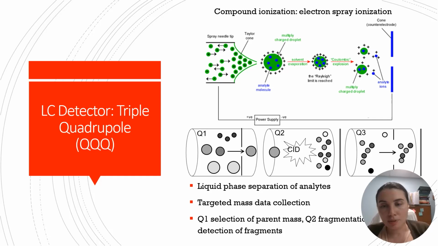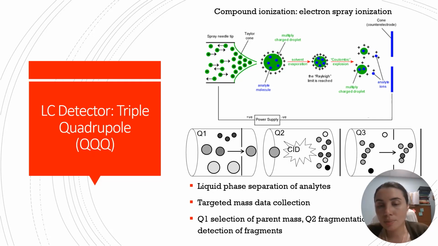And so the mass spectrometer is a triple quadrupole, which means it's a series of 3 of those 4 rod units that select for specific mass per charge fragments based on the voltage that they are connected to. So your first quadrupole will be selecting the parent mass of the compound that you're trying to detect.